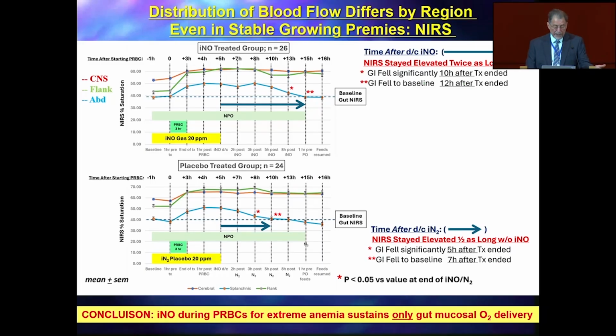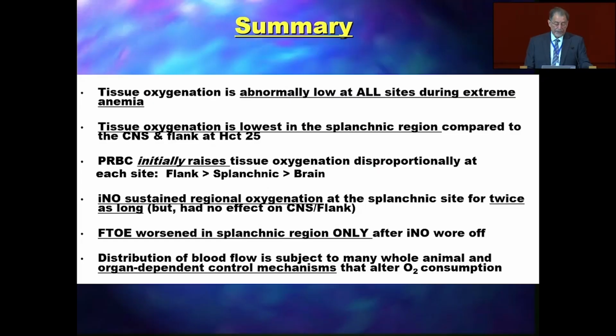Okay, so the transfusion increased the near signal in all areas. The brain and flank stayed the same out to 16 hours, whereas the gut increased transiently and fell quickly. And you can see by the length of the arrow that after nitric oxide was stopped, it was half the time that the signal was elevated.